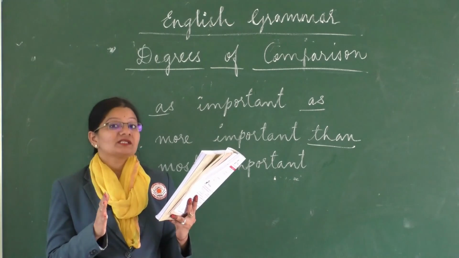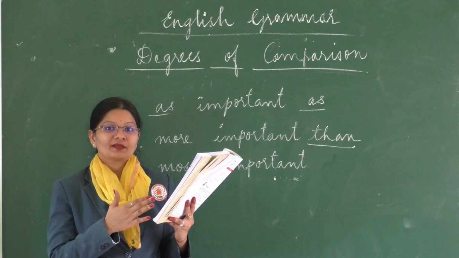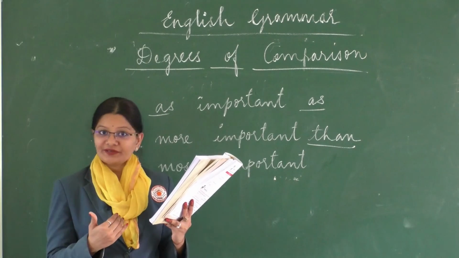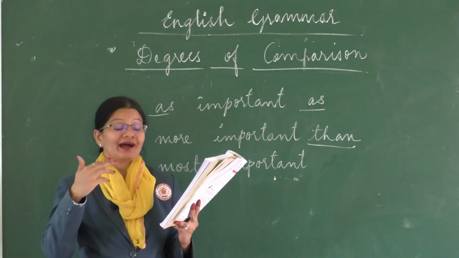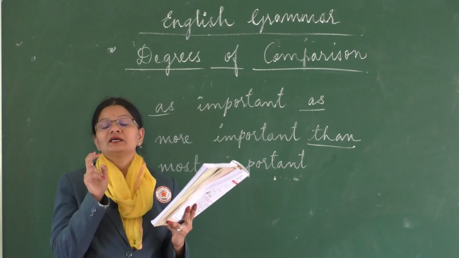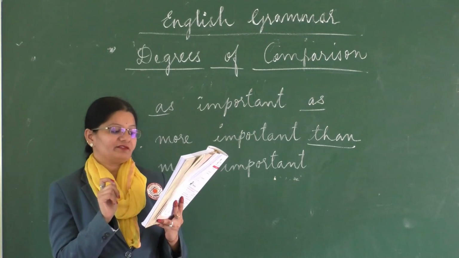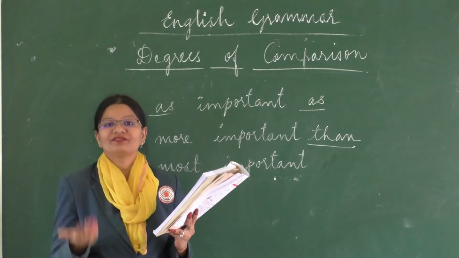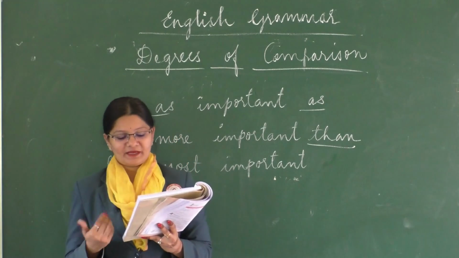So we use polysyllabic words preceded by more or most, correct? But here what will you use? More or most? Just see what is there after difficulter. Than. So this brings us to comparative degree. Okay, so we are in comparative degree. So my work is more difficult than yours. So that is comparative degree.